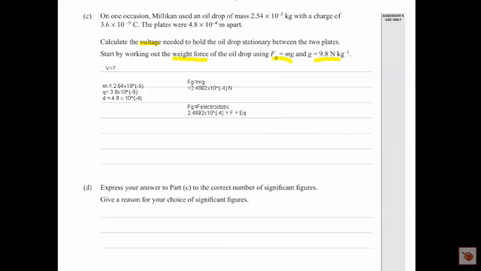Alright, well, if we're sort of losing track of what's happening, we definitely want to find voltage. And ultimately in this situation, voltage equals ED. There's your electrostatic field strength. That's the distance.